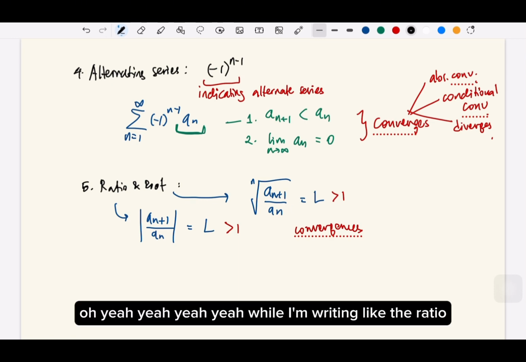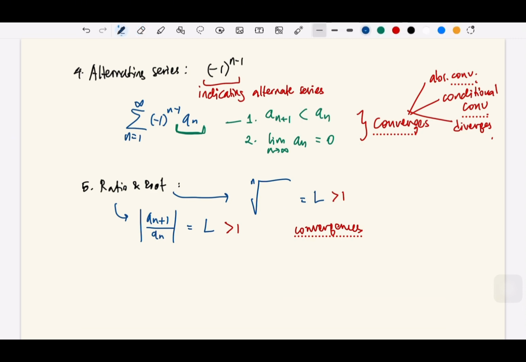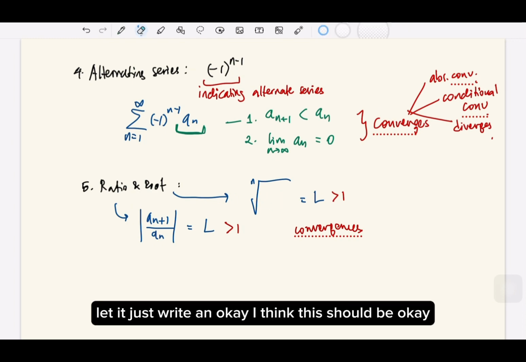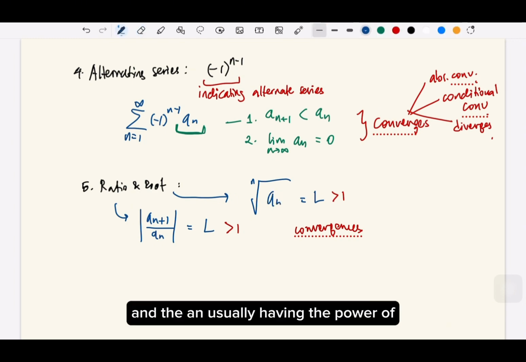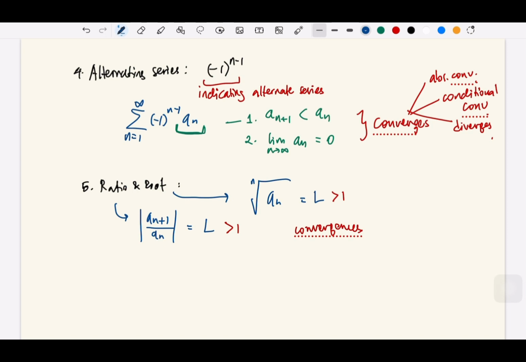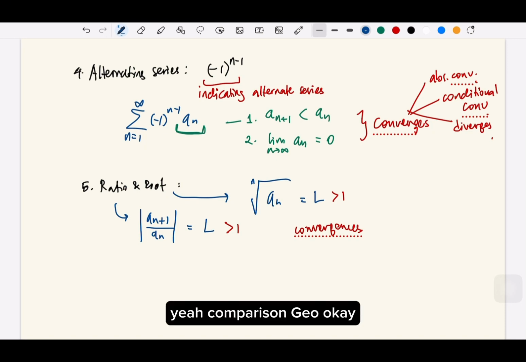Oh yeah, why am I writing like the ratio? Let me just write aₙ, okay? I think this should be okay. And the aₙ usually has the power of n. Yeah, comparison, geometric.